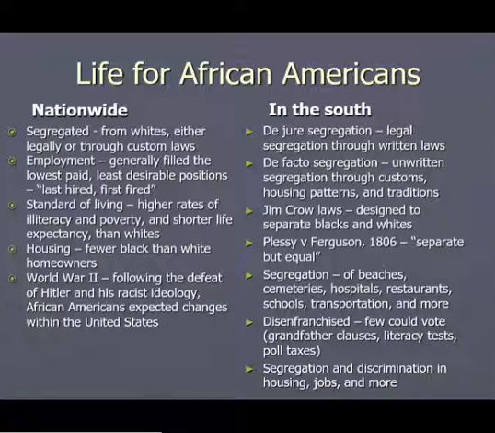There was segregation of beaches, cemeteries, hospitals, restaurants, transportation, and their voting was limited. They were still allowed to vote. It was legal for them to vote, but they were disenfranchised, which means that very few were actually allowed to vote because of grandfather clauses, literacy tests, and poll taxes that were put on the voting booths.